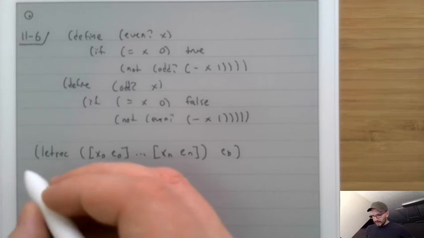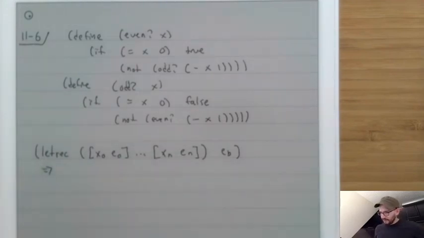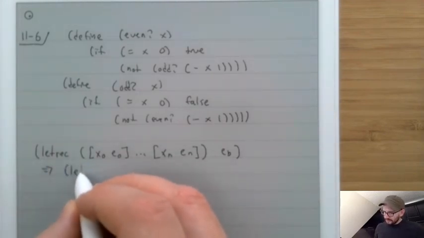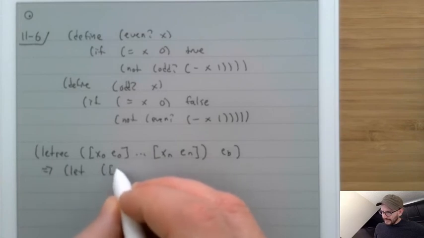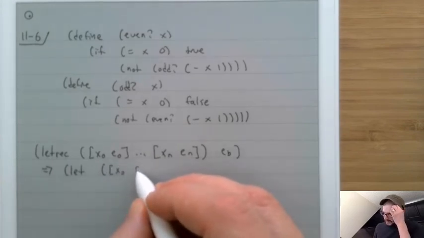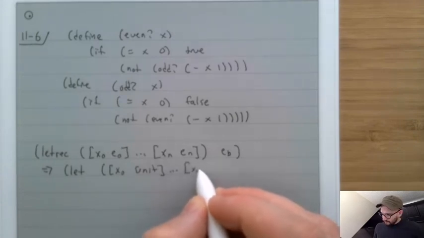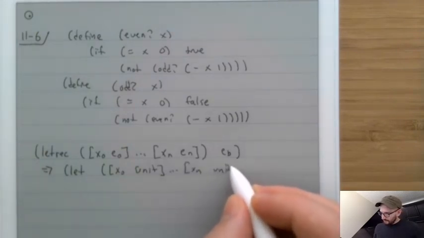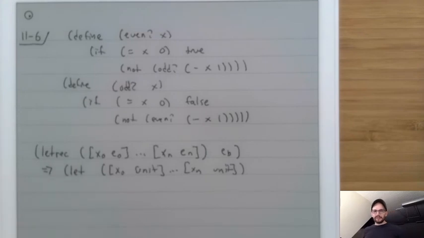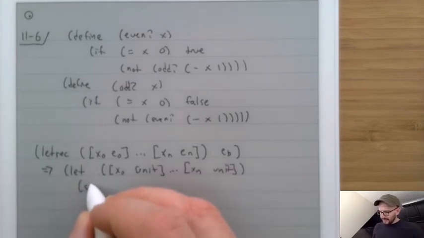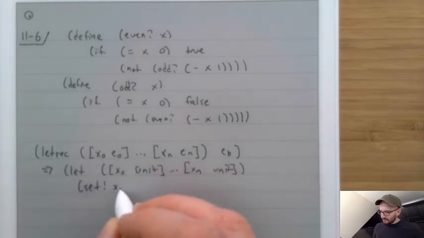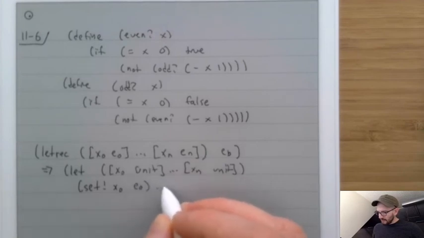Okay, so we're going to turn that into the following. We're going to turn it into a let, where we define each one of the variables as unit. Then once we define them all as unit, then what we do is we set each one to the corresponding expression.